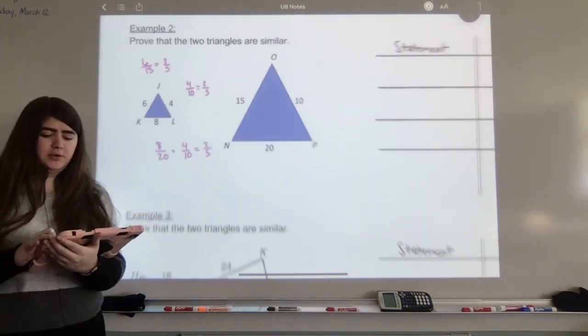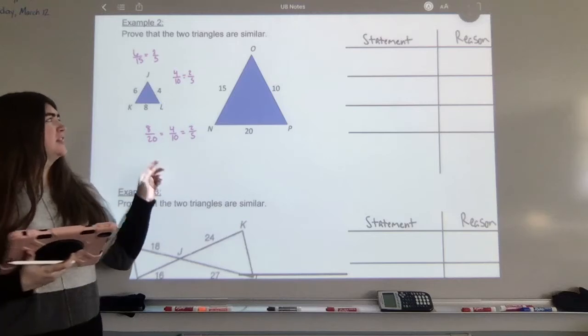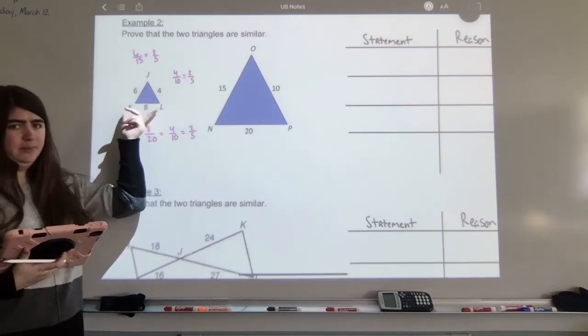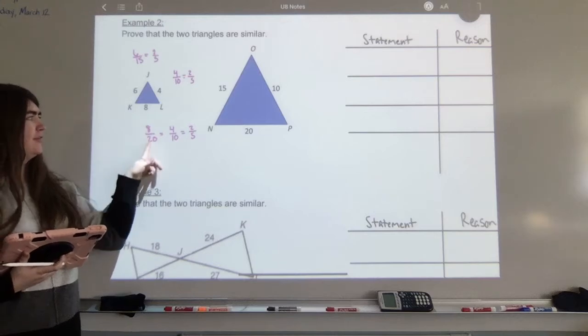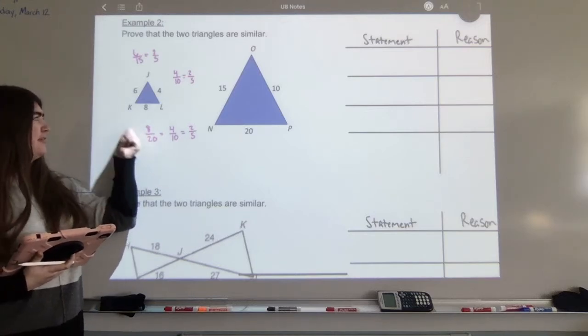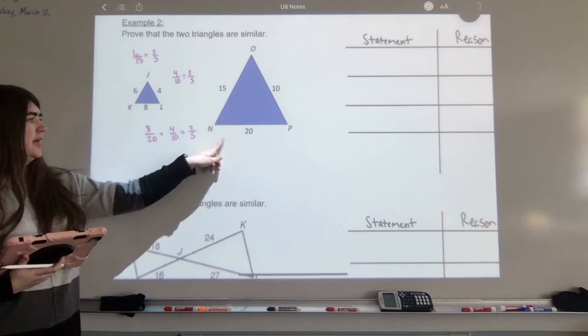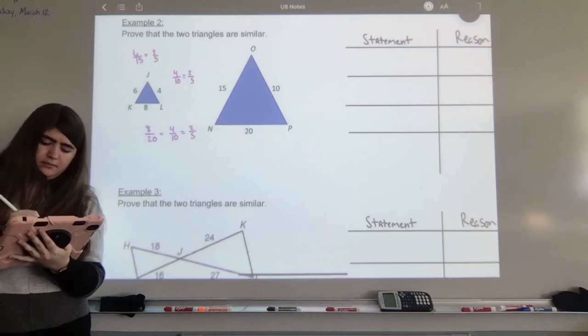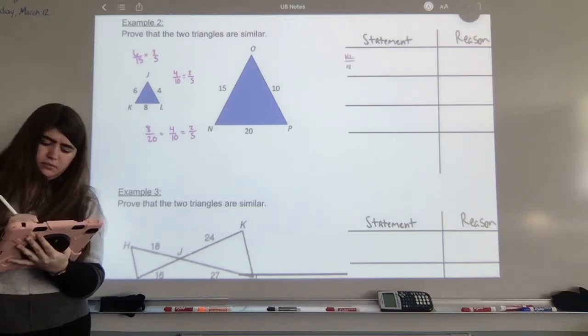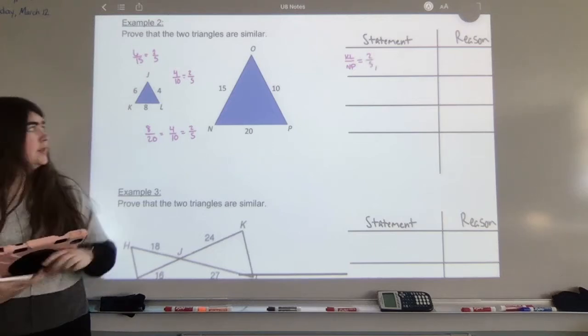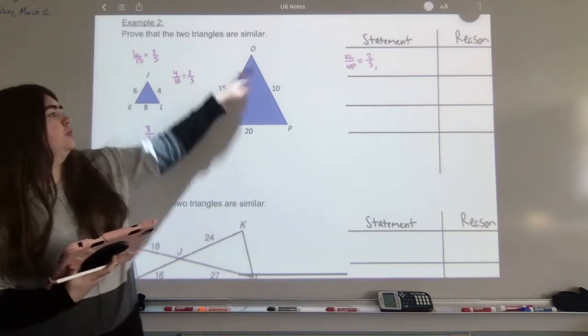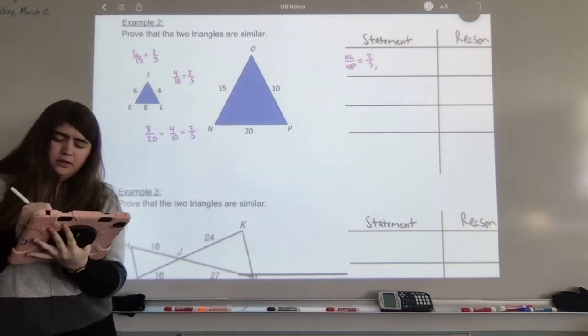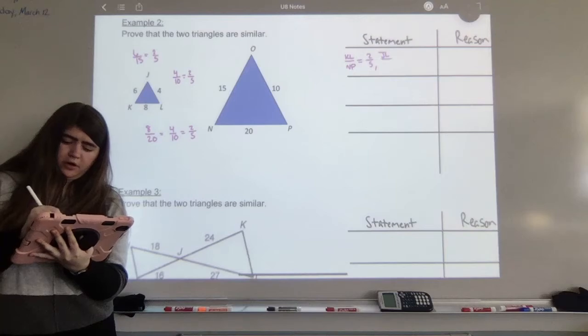So the first thing I'm going to do in my proof, that first line, I'm going to take the segment names and put them in place of our original numbers in our fraction. So instead of 8, I have KL, and instead of 20, I have NP. So I have KL over NP is equal to 2/5. I have JL and OP. So I have JL over OP is also equal to 2/5.